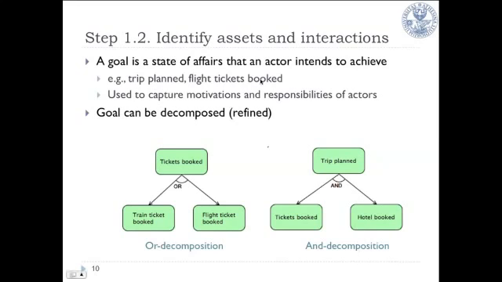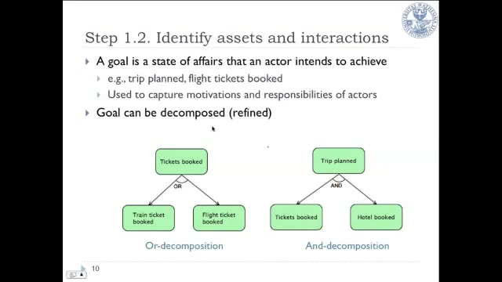So a goal is mainly referred to as a state of affairs that an actor intends to achieve. So for instance, examples of goals include trip planned or having flight tickets booked and so on. They're used to capture the motivations as well as the responsibilities of actors.